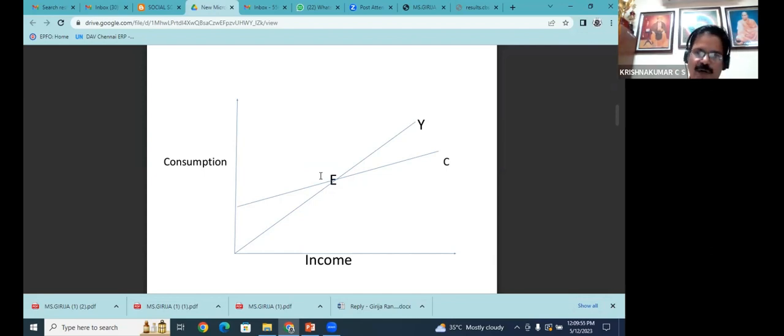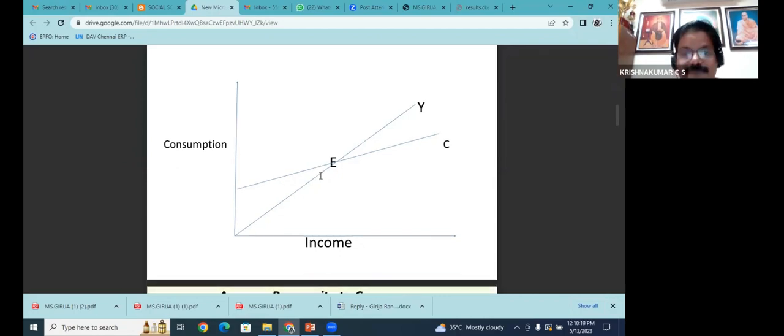APC can be greater than 1 when consumption is greater than income. It can be less than 1 when consumption is less than income. I don't know whether I got confused or not. I think it is clear.